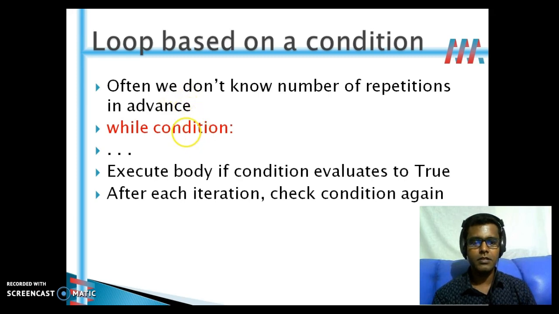When this condition evaluates to true, the set of statements following the while condition gets executed until the condition becomes false. Once the condition becomes false, it will come out of the body of the loop.